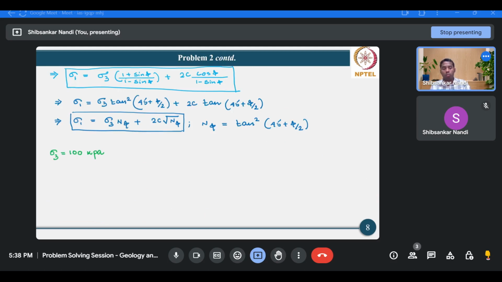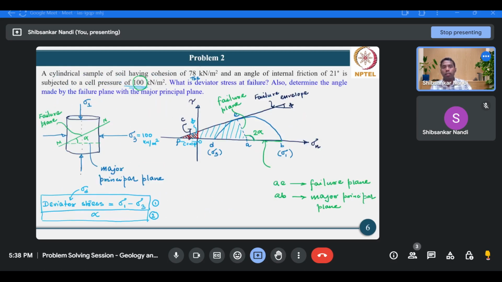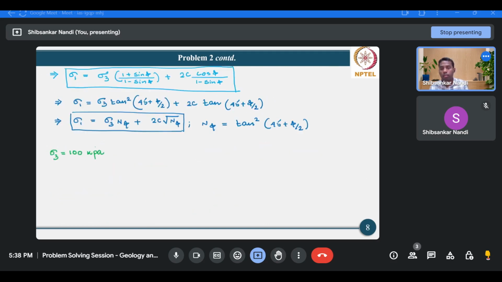And what are the values for C and phi? C is 78 kilonewton per meter square and phi is 21 degrees. Now if we substitute these values in this expression, we can easily calculate sigma 1.